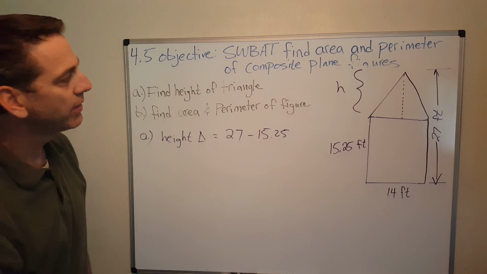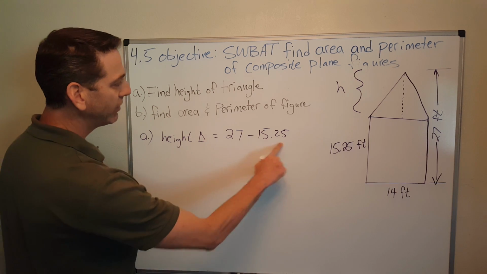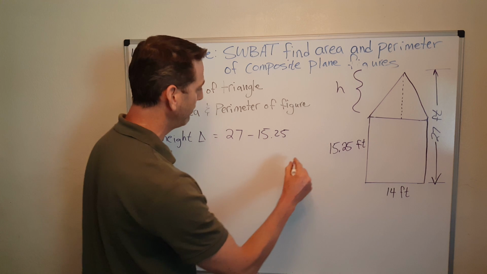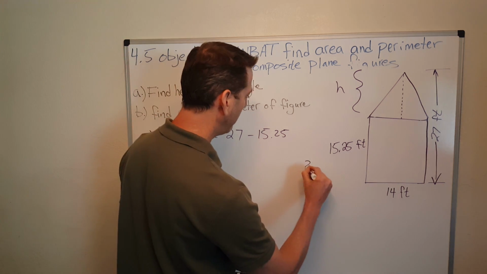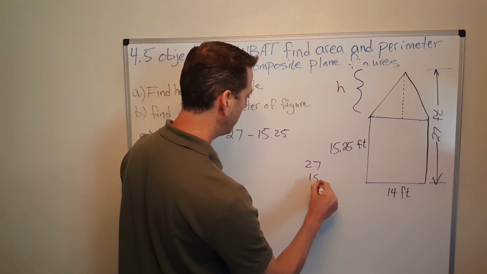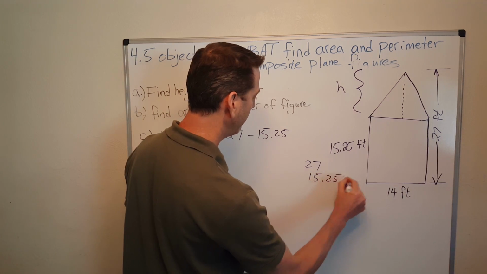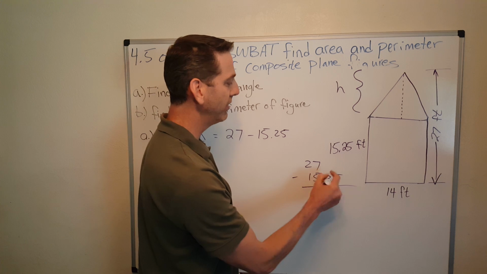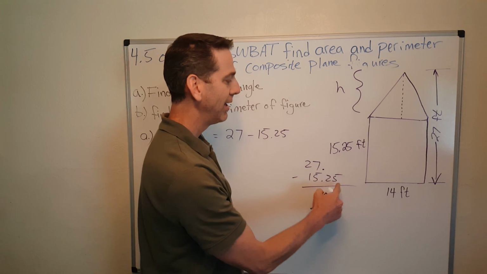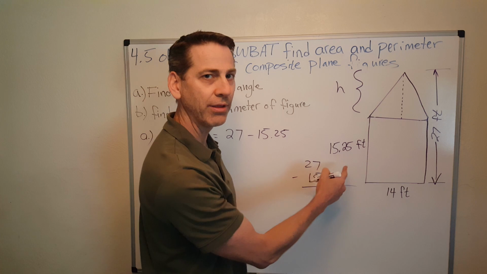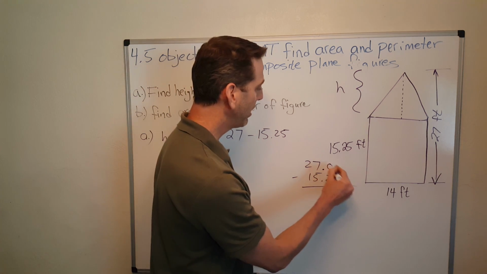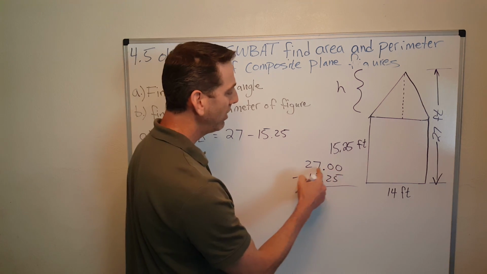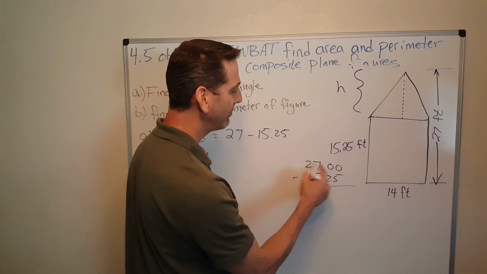Now we just have to do this subtraction: 27 minus 15.25. Let's do that off to the side. I don't have any numbers right here, and I can't subtract from nothing, so I need to supply some zeros. Now I'm going to need to borrow from the 7.